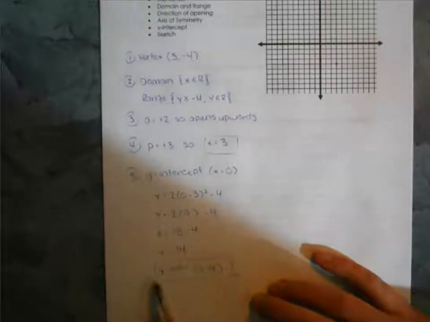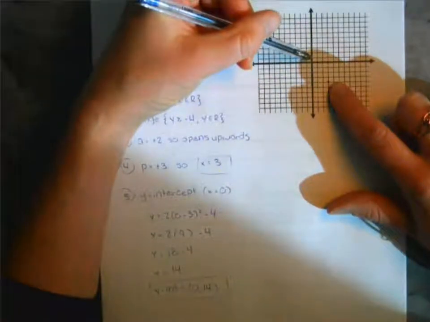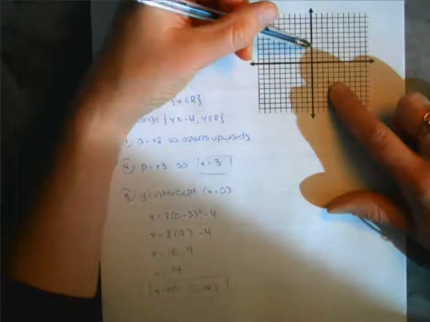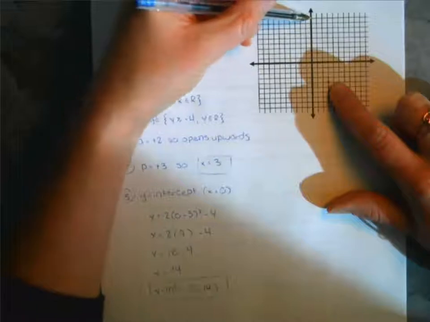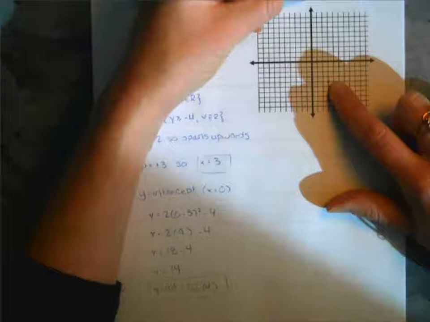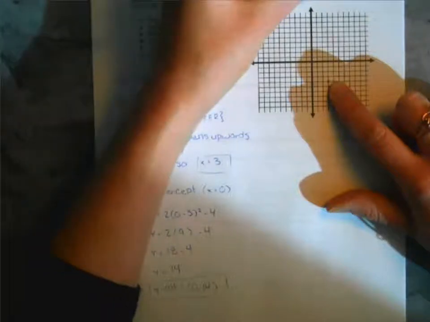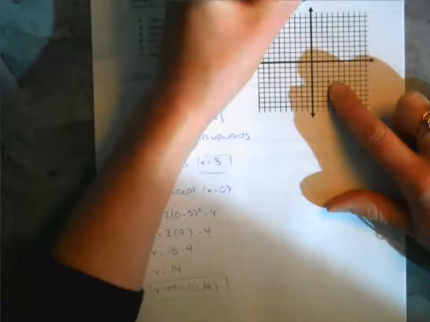So now that we know that, now we can sketch our graph. So if the y-intercept is going to be at 14, I believe this goes 1, 2, 3, 4, 5, 6, 7, 8, 9, 10, so this would be 10, so it's going to be like up here somewhere. So that's going to be like where it crosses, somewhere up there. So I mean, this is just going to be a rough sketch.